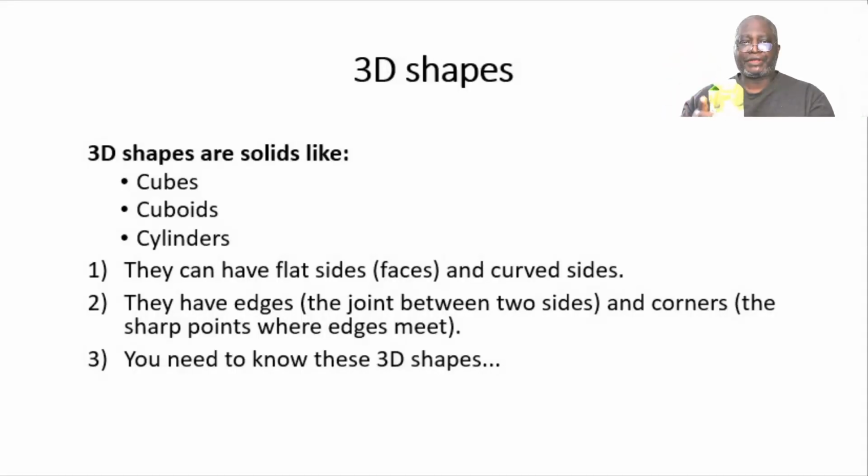When they say that it's solid, it means that it's got volume, unlike flat 2D shapes, which we look at from a bird's eye view. And then the cylinder has circles at both ends, but the side is continuous. 3D shapes can have flat sides or faces and curved sides.